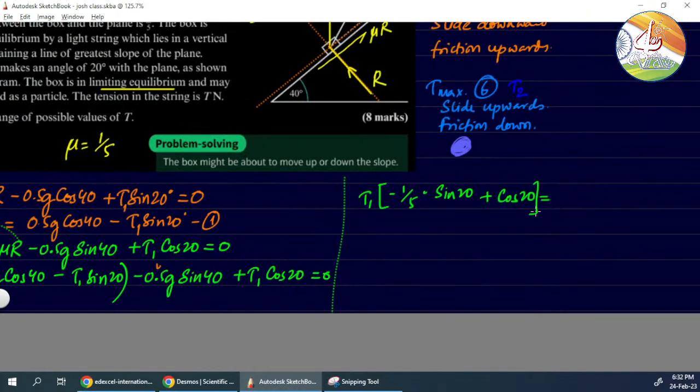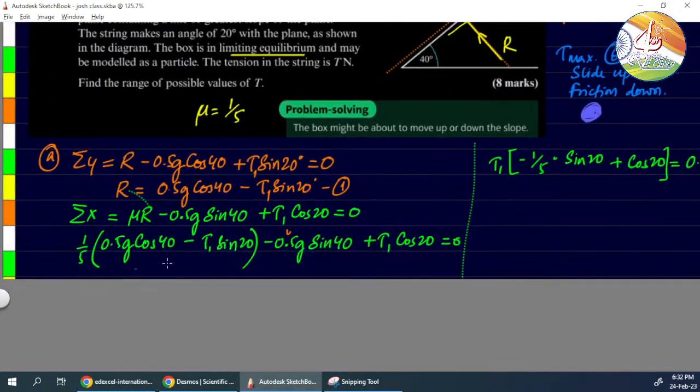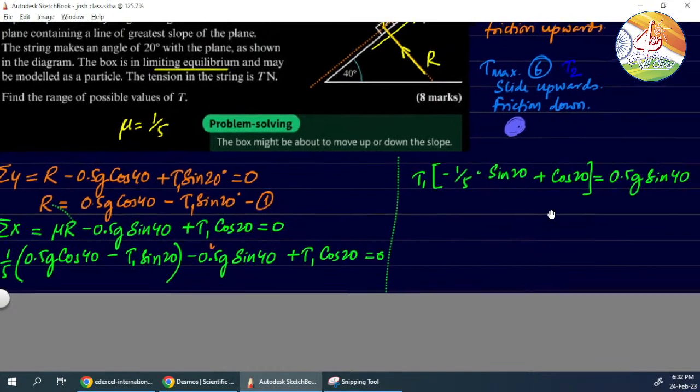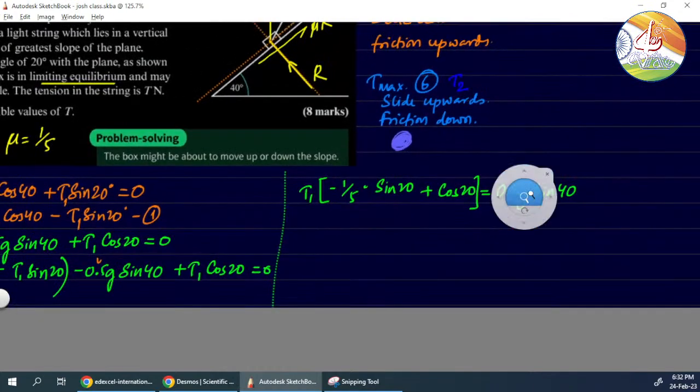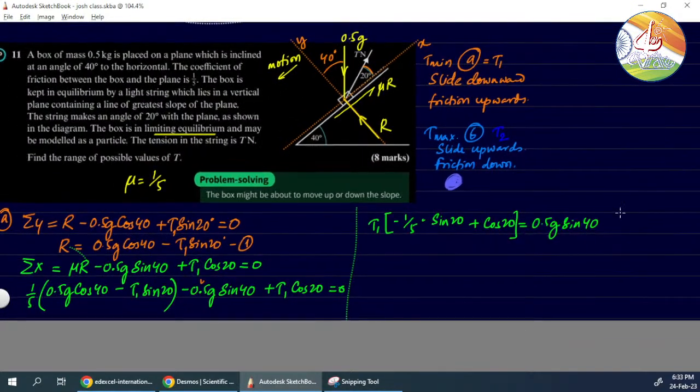Send all the constant terms to the other side. We get 0.5 g into sine 40, and if you open the brackets, we will get 1 by 5. Open the brackets, we get it positive on the left side, the right side it becomes negative, so 1 by 5 times 0.5 g cos 40. Correct?